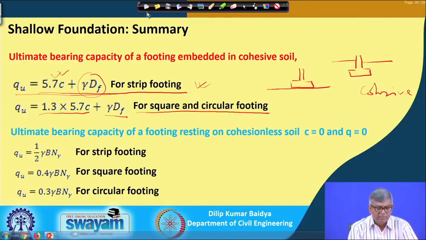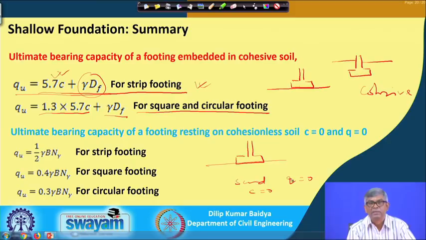Now, I will look at the ultimate bearing capacity of a footing resting on cohesionless soil, that means C is 0 and Q is 0. What footing am I considering? A footing resting on sand. Sand means C equal to 0, and resting on the ground means Q also equal to 0, so the first two parts will be absent.